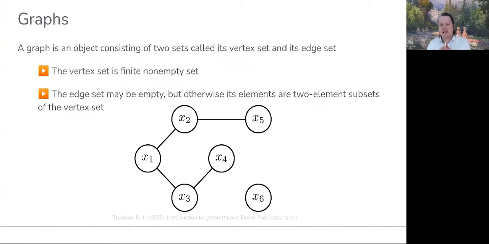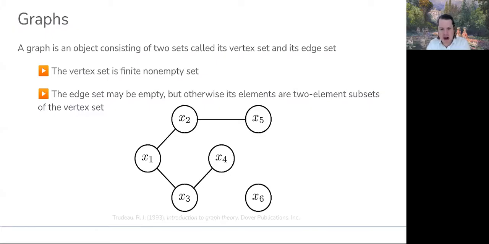So a graph is an object consisting of two sets called its vertex set and its edge set. We went through how the vertex set has to be non-empty because otherwise we don't have a graph. There's nothing to connect. However, with that said, the edge set may be empty if there's no relationship between the vertices present within our graph. If we look here, you can see I've drawn this out.